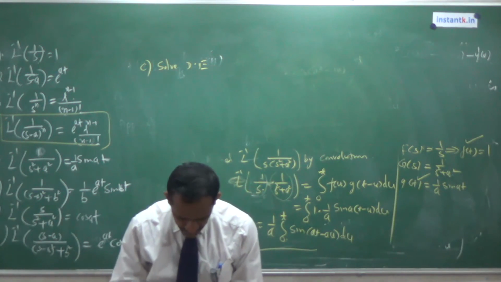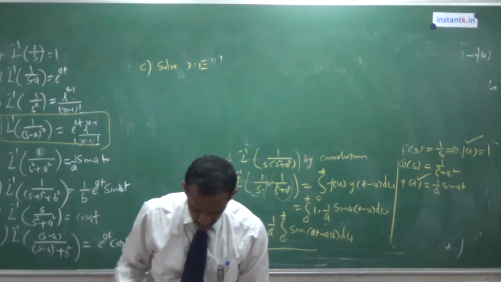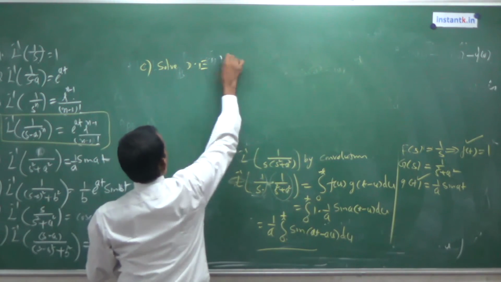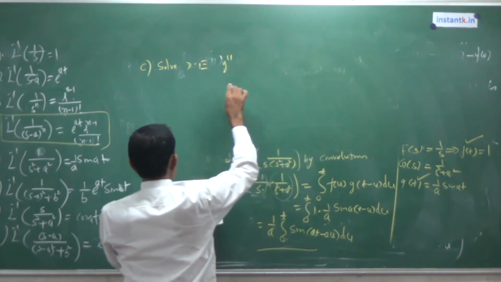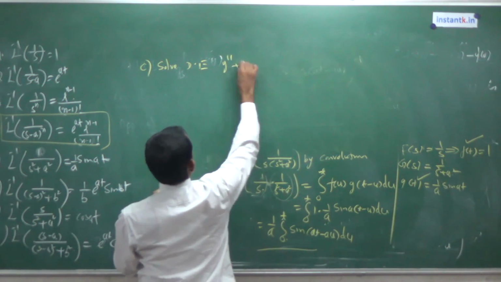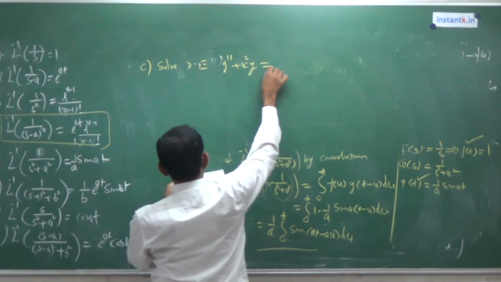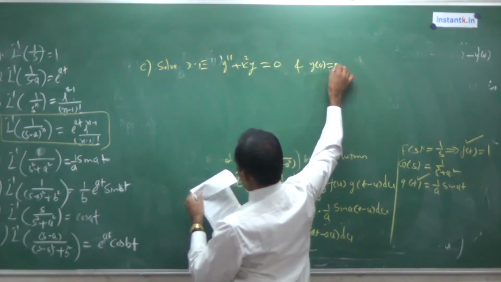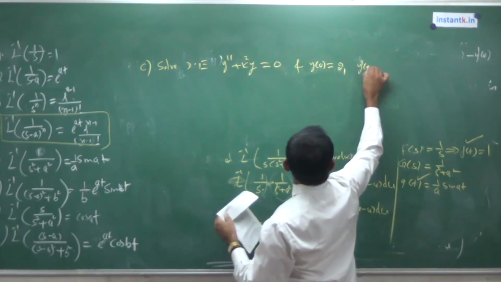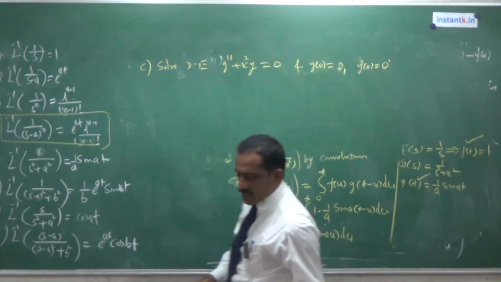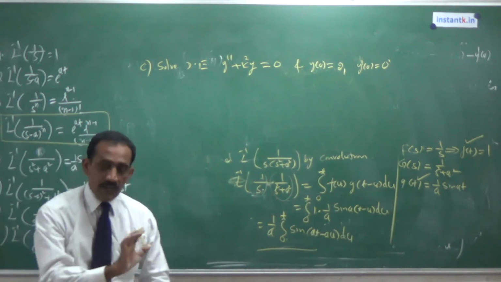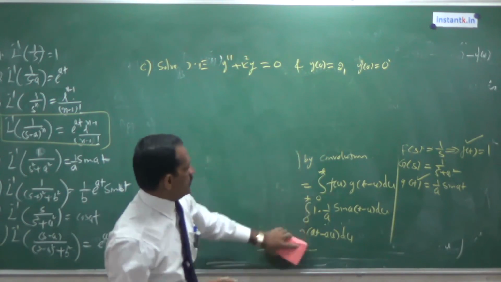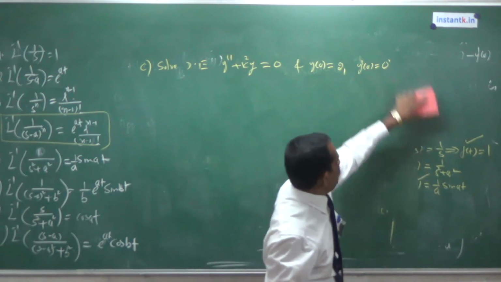The question asked is: solve the initial value problem y double dash plus k square y is equal to 0, and y of 0 is equal to 2, y dash 0 is equal to 0. So only the question changes. The problem is only about solving the differential equation. Right? Only simple functions they ask.